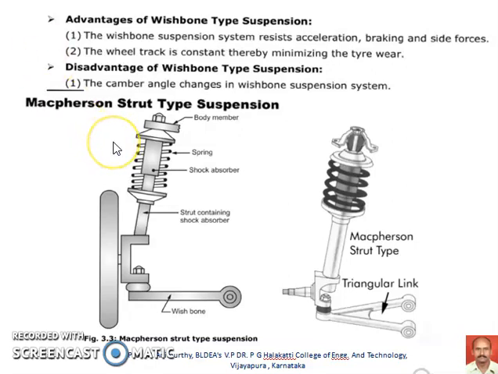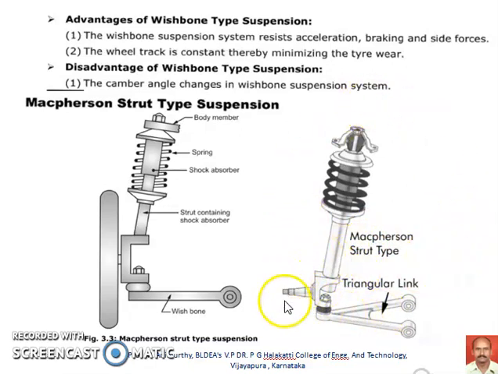Here in this slide, you can see figure 3.3 shows the MacPherson strut type suspension system. This pictorial diagram is shown in another form, more visible, like a 3D model, in this particular figure.